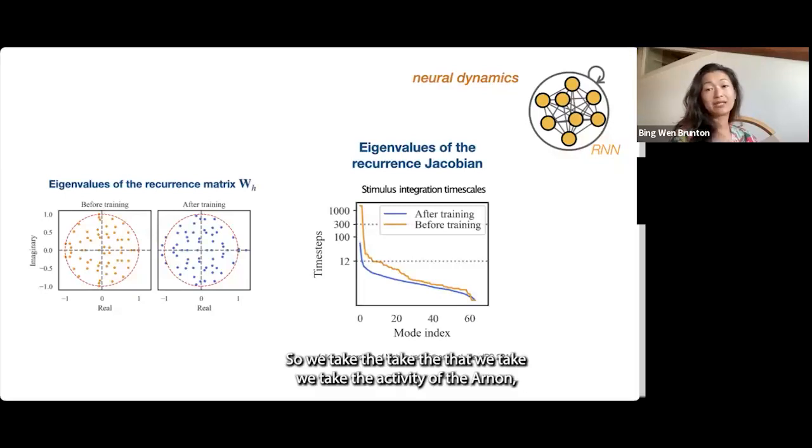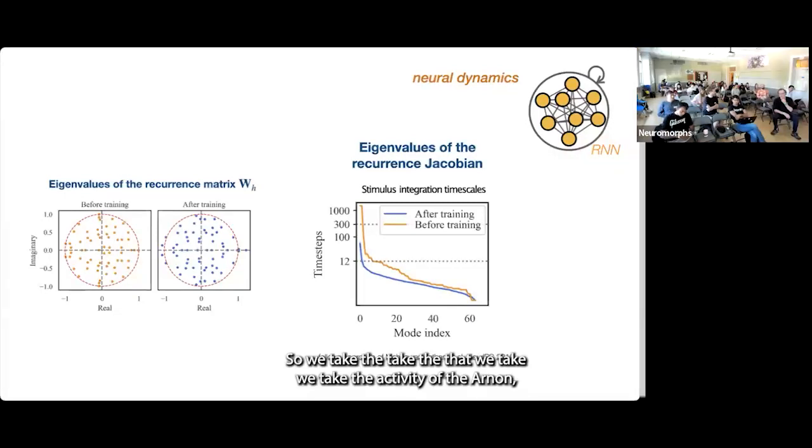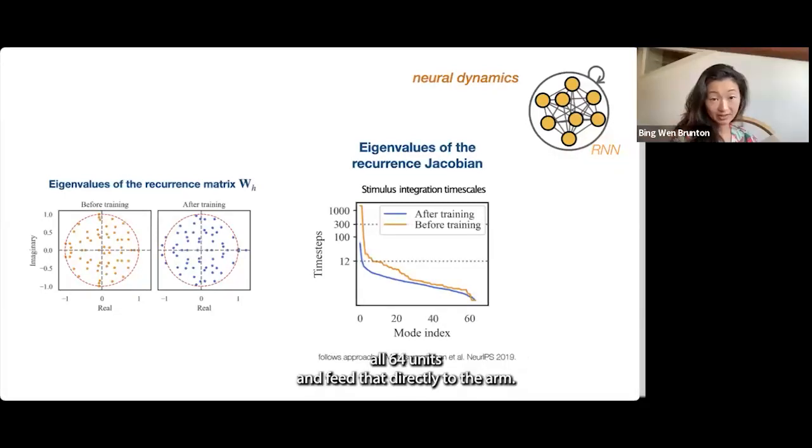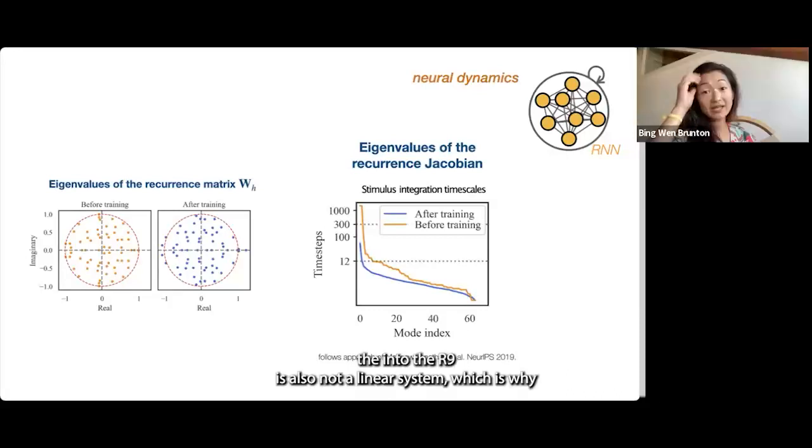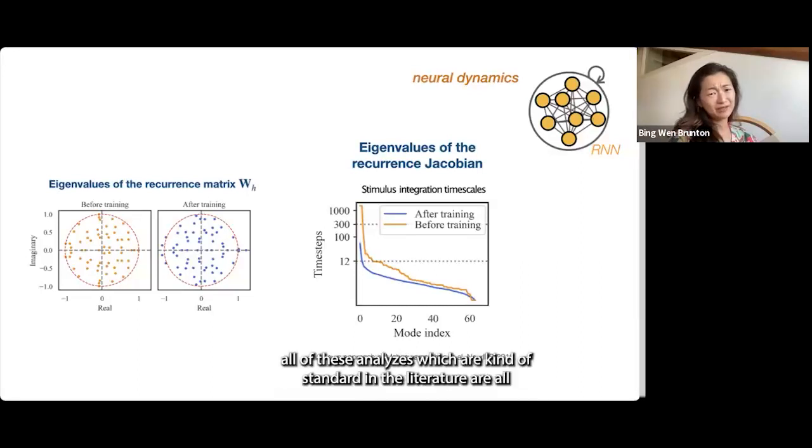We take the activity of the RNN, all 64 units, and feed that directly to the actor arm. It's hard to see why it wouldn't blow up, because it's a totally linear system then, right? Yes, totally. But the RNN is also not a linear system, which is why all of these analyses, which are kind of standard in the literature, are slightly deceiving, because the RNN is not linear.